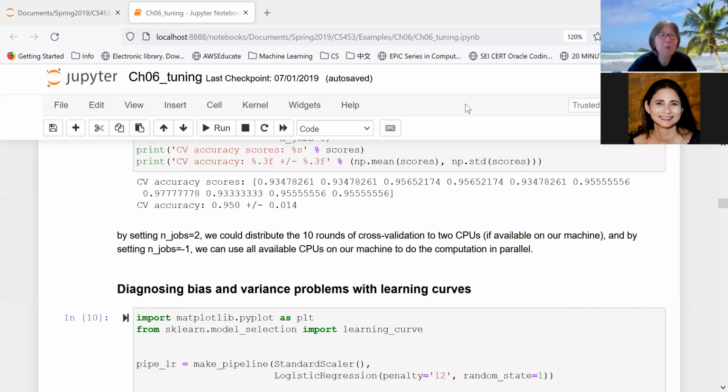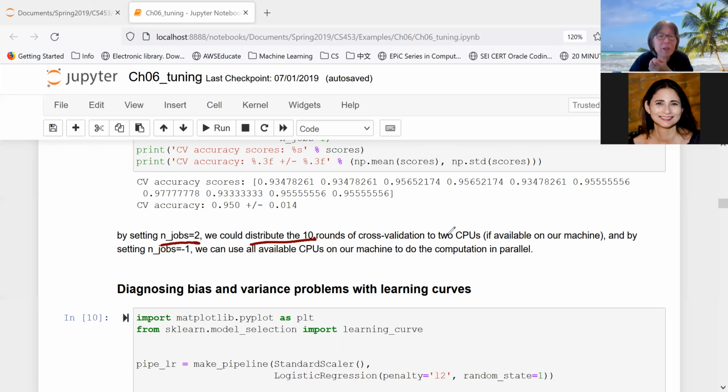And over here to also explain, if you recall, within the cross validation, in our previous learning we also saw the number of jobs parameter. And over here it says, because in this case the 10 rounds are all independent, you can do parallel processing to speed up your training.